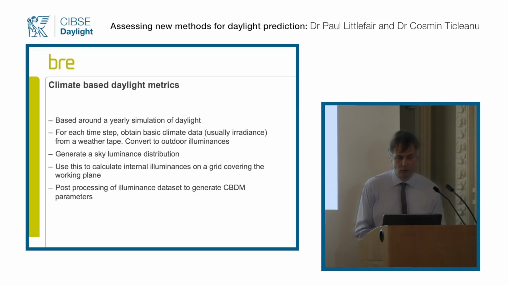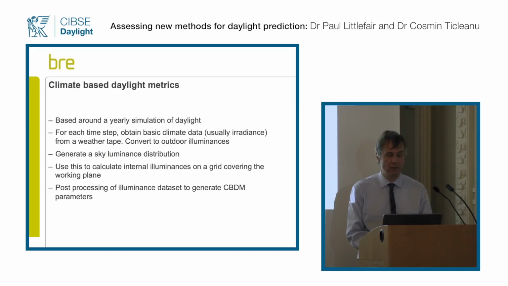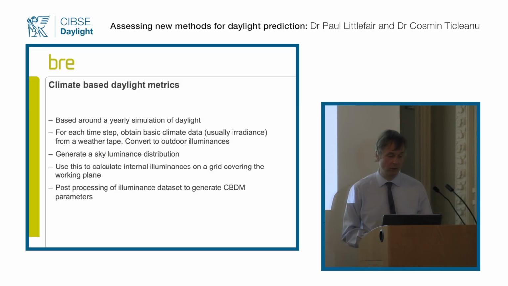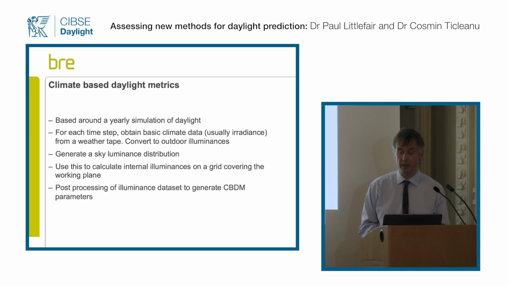So just sort of revision here. The irradiance is the total solar spectrum, so it's the solar gain, whereas illuminance is obviously what your eye can see. And there's conversion factors called luminous efficacy, which allow you to convert irradiances into illuminances. And then you get an outdoor illuminance.